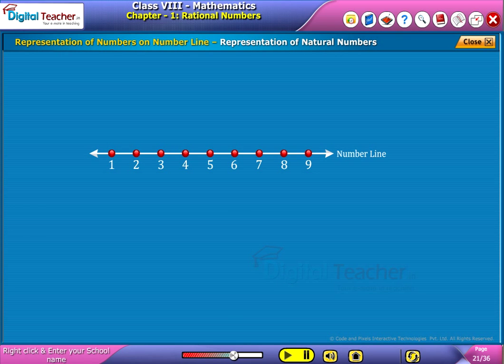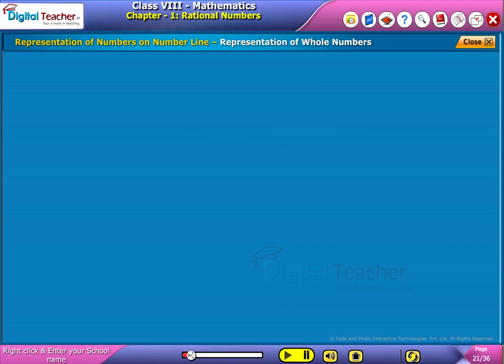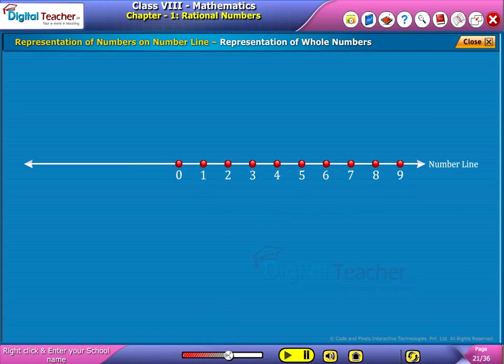The representation is shown on the screen. The set of natural numbers is usually denoted by the symbol N. Representation of whole numbers. The whole numbers are the natural numbers along with 0 on the number line. The representation is shown on the screen. The set of whole numbers is usually denoted by the symbol W.